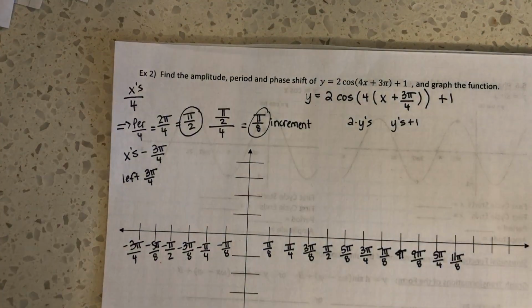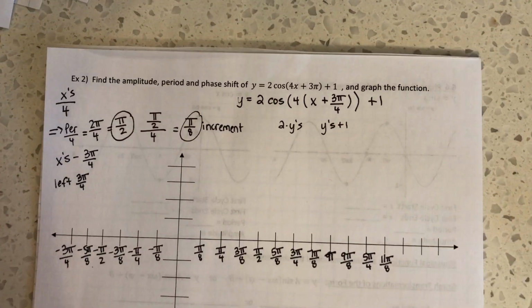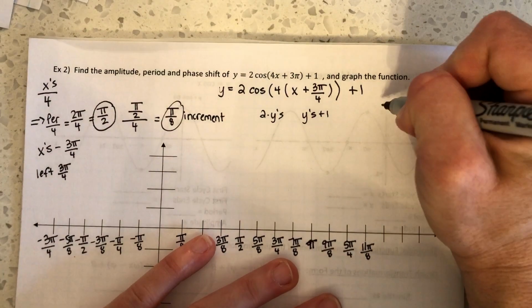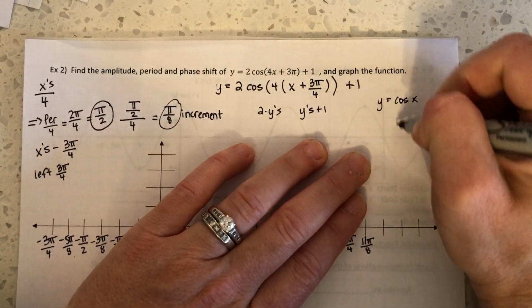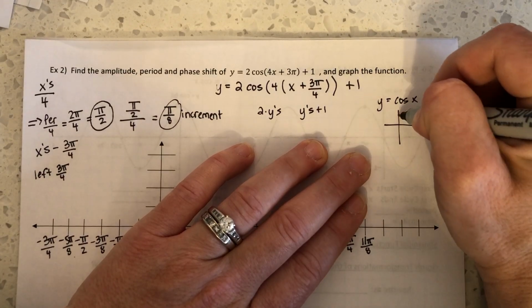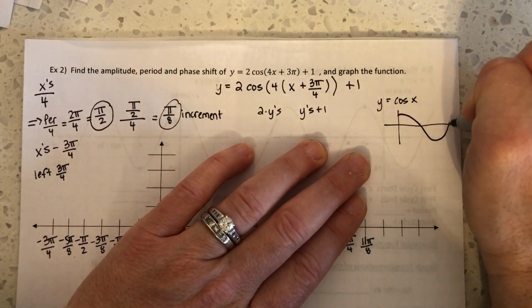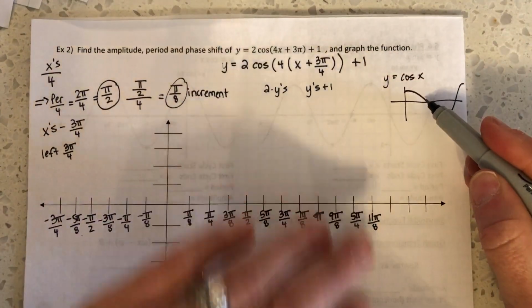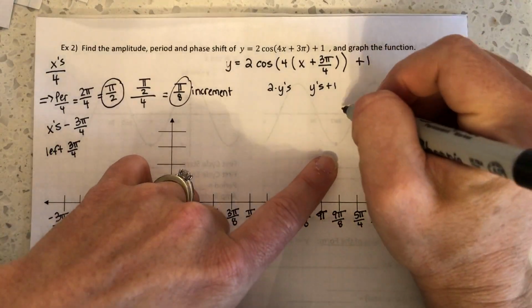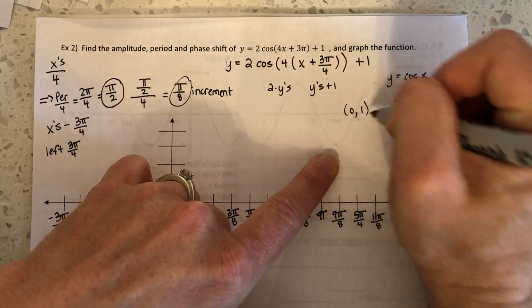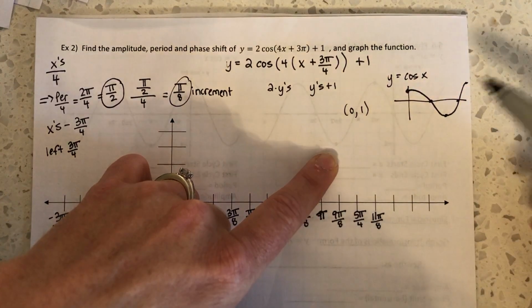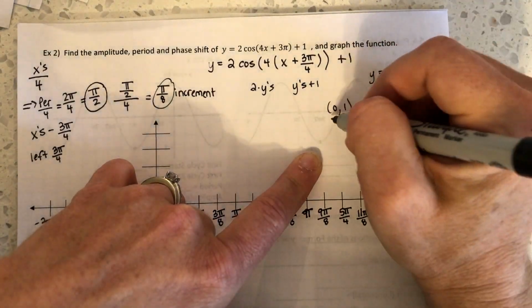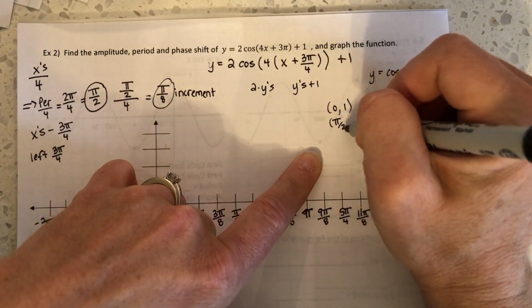All right, so now, just to get you started, what did the original cosine graph look like? Well, the original cosine graph went from 0 to 2 pi, and it started up at 1 and then went down and back up. So its original key points started at (0, 1). Then it went to (pi over 2, 0).